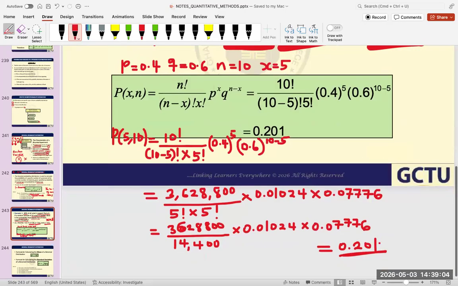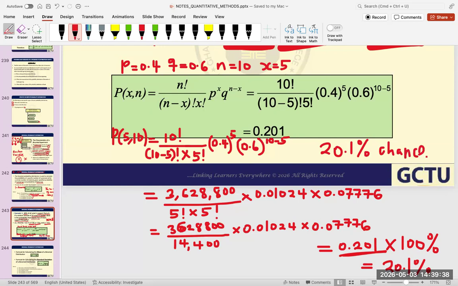Anytime you want to change a decimal to percentage, just multiply it by 100%. And if you do that, you have 20.1%. So our answer will be 20.1% chance.